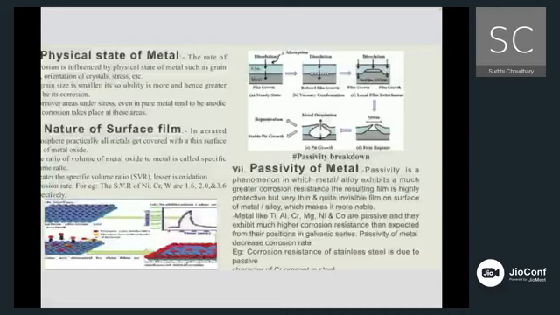Another one, that is the last point, is volatility of the corrosion product. If the corrosion product formed is found to be volatile, it will disappear from the electrolyte or the reaction medium, and then the transmission process or the ionization process increases, so the rate of corrosion increases.